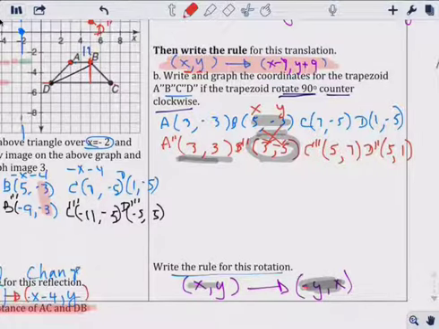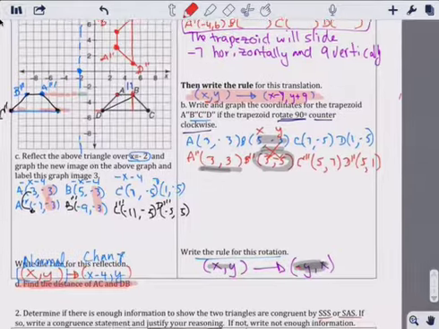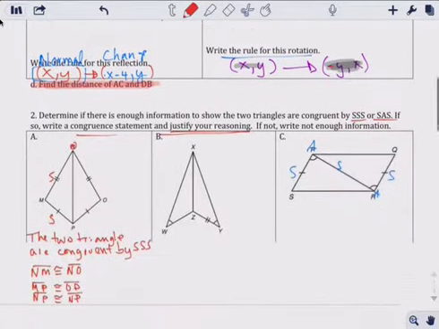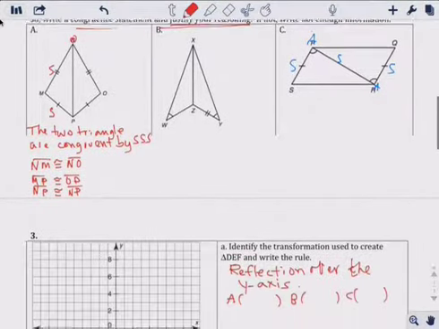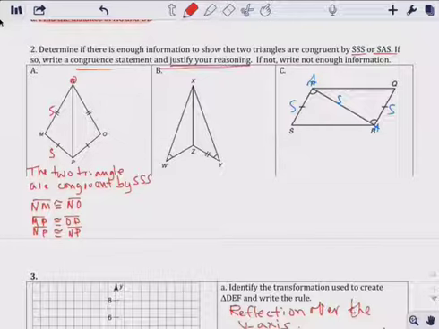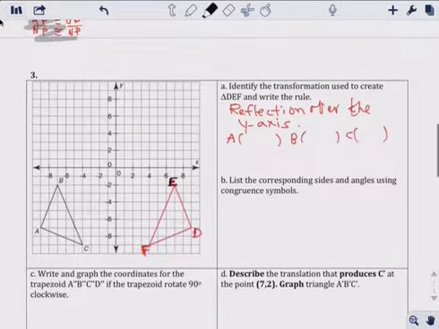That's how you write rules. You look at what happens to the graph and you write it. We went over this in class yesterday on Friday, so make sure you finish and write the congruent, justifying your reason.